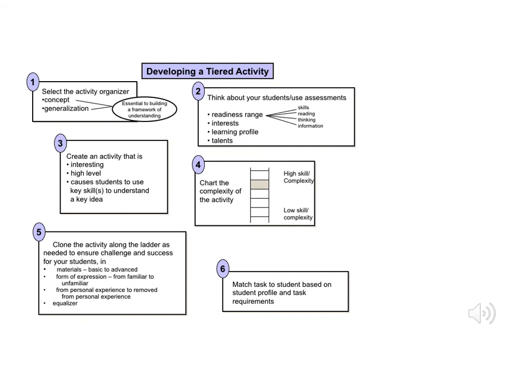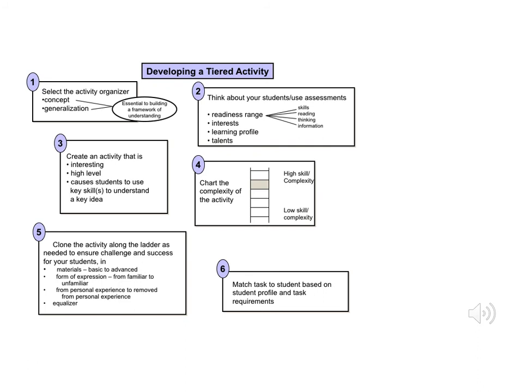To develop a tiered lesson, select the activity organizer. So is it going to be organized by concept or generalization? Think about your students and use of assessments. So readiness range, their interests, their learning profile, their talents. Create an activity that is interesting, high level, causes students to use key skills to understand the key ideas.